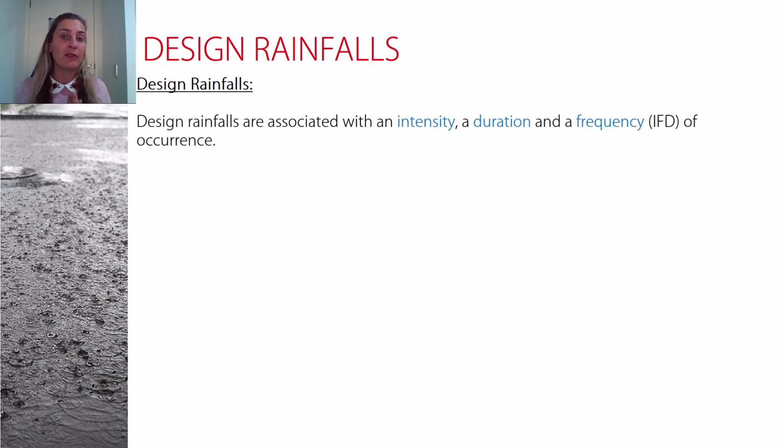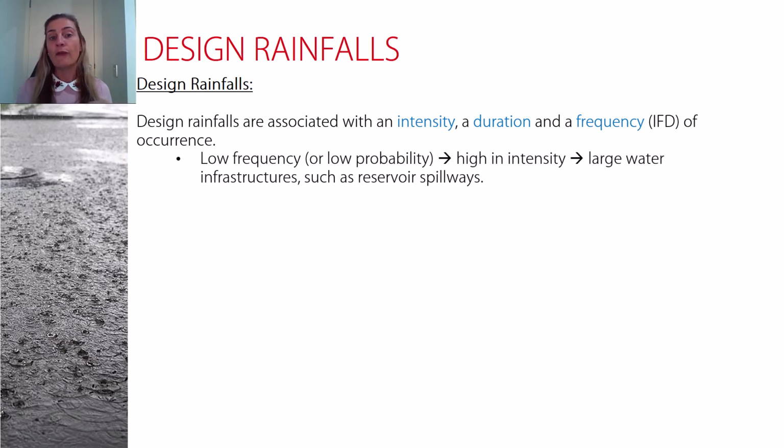We usually associate three things with design rainfalls. We build this relationship between three characteristics of a design rainfall, which are the intensity, the duration, and the frequency of occurrence. Low frequency or low probability design rainfalls are high in intensity, and they're usually used in the design of large and important water infrastructure, including reservoir spillways.